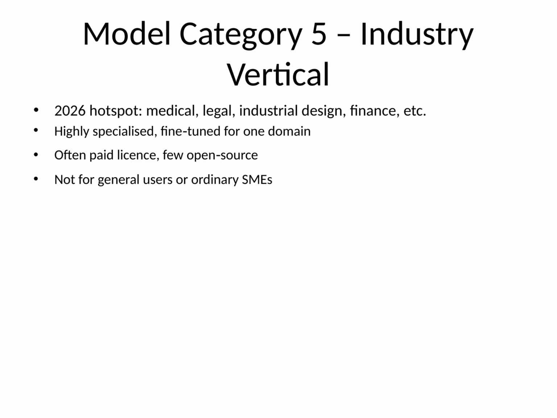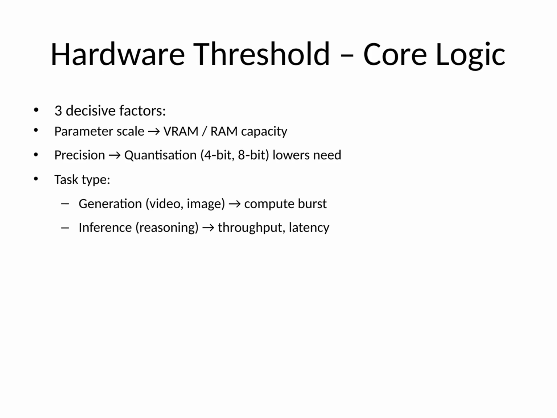In addition, their value depends heavily on integration with domain-specific tools and data sources. This means they are usually not suitable for general users or ordinary small businesses without a clear, focused use case and the ability to manage licensing, deployment, and ongoing updates responsibly.